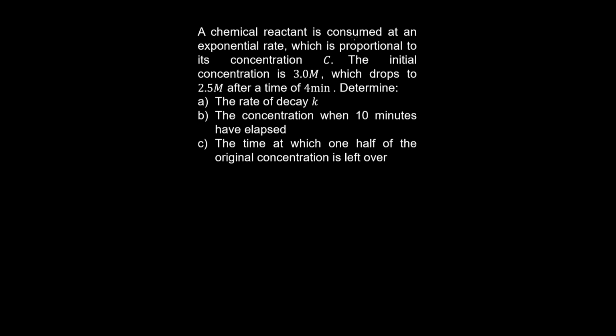A chemical reactant is consumed at an exponential rate, so the rate of change of concentration with respect to time is equal to minus the rate constant by the current concentration. Now we have the initial concentration, so if you solve this ODE, you'll obtain a particular solution of 3.0 molar by e to the minus the rate constant by time.